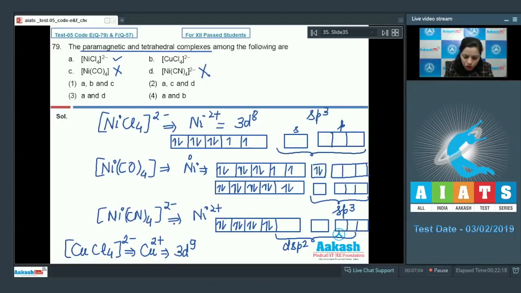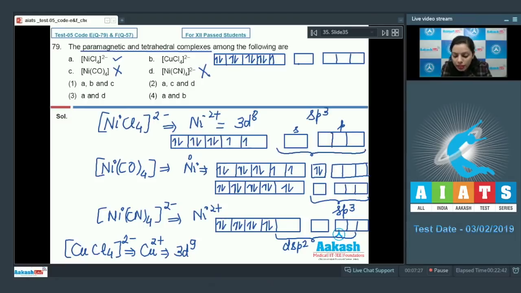And if its configuration is 3d9, that can be represented here. I'm just representing it here. D orbital, s orbital, and the p orbitals are here in this way. Now 9 electrons we have, so I'm just showing this in this way.